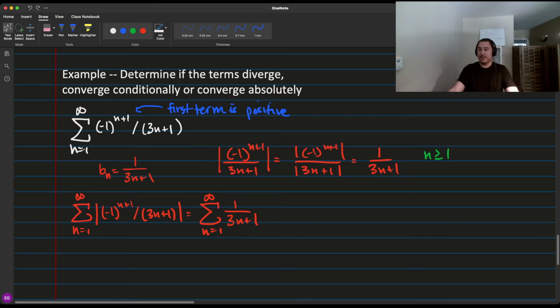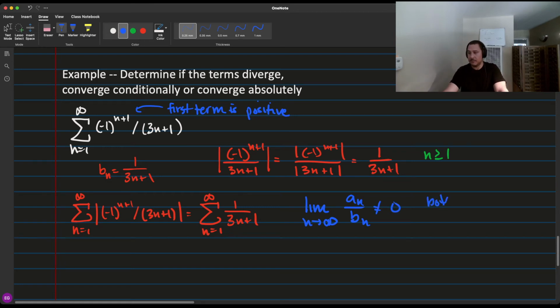The limit comparison test says you can compare two different sequences, an AN and a BN, and if you get a limit that's not equal to 0, then they both converge or they both diverge.